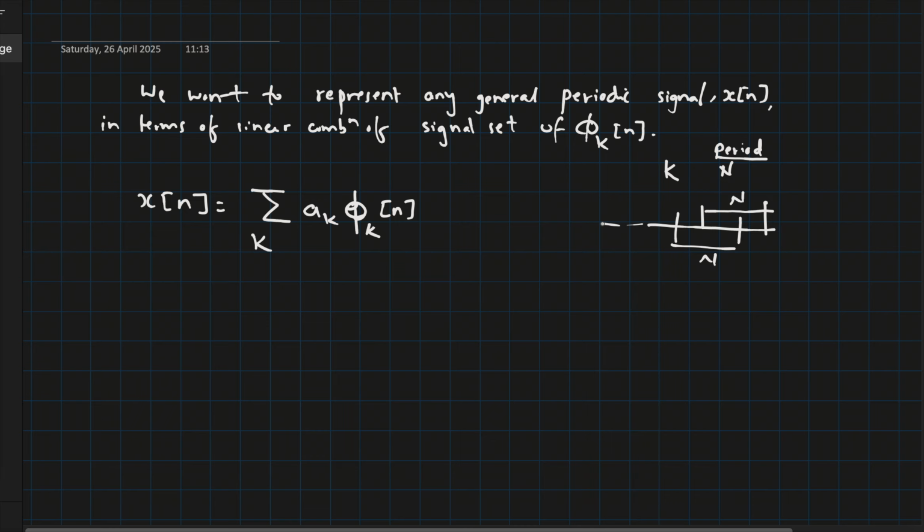We can take this N from minus infinity to infinity, just N, this angle bracket.